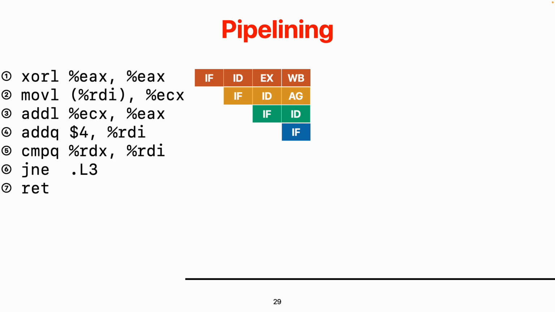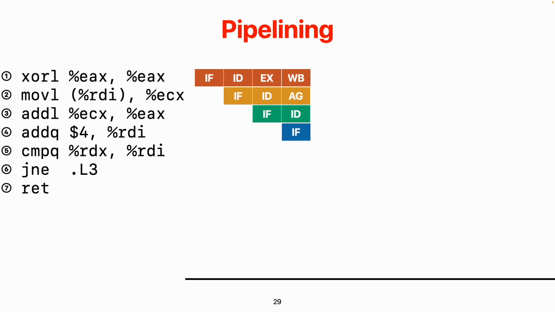Now, when we write back the first instruction, we are executing the second instruction. But because this is a memory instruction, we need to do address generation first, and then we can do memory access. In the meantime, the third instruction can be decoded, and we are fetching the fourth instruction.